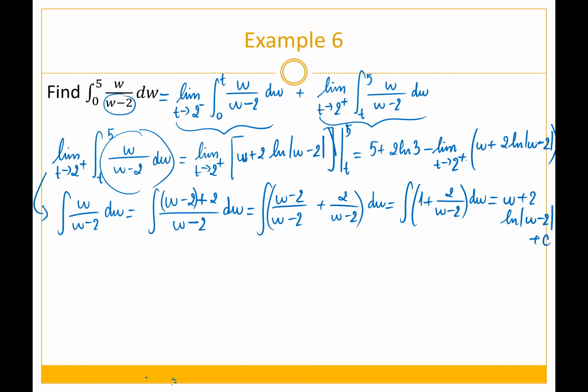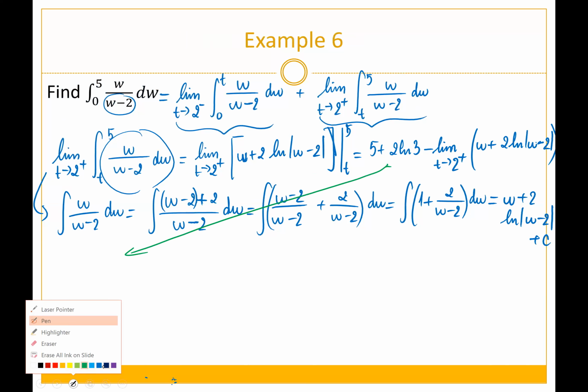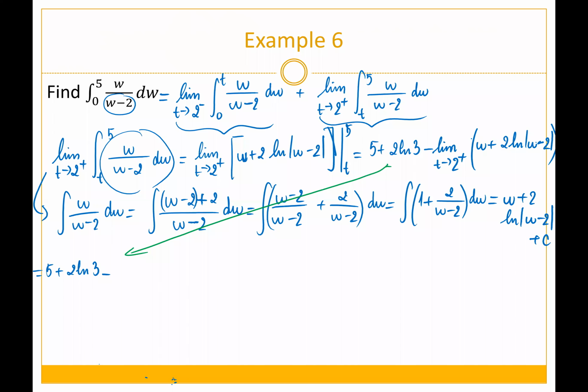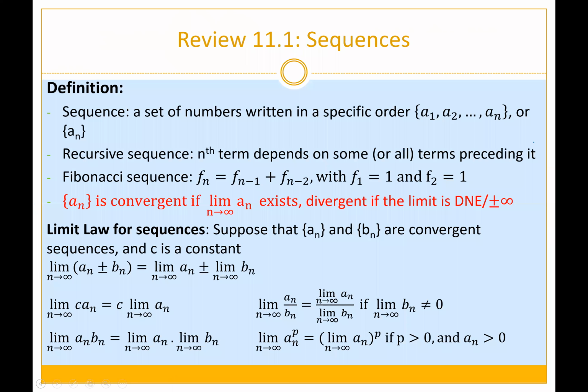I'll put another arrow so you can know where I'm going, from here to there. So you're going to have 5 plus 2 ln of 3 minus the limit as t approaches 2 plus, and this should be t, not w.